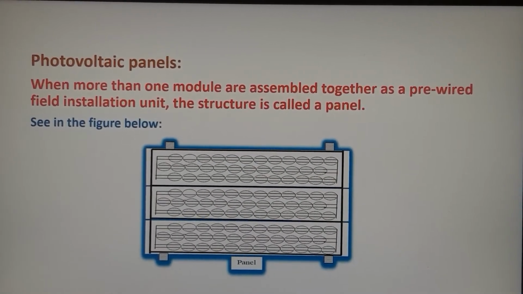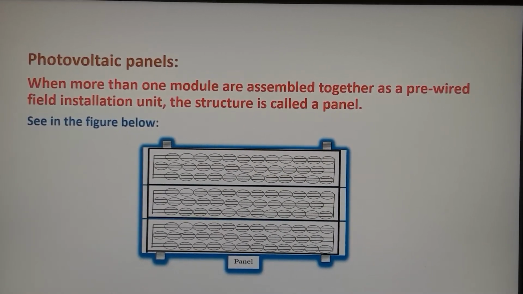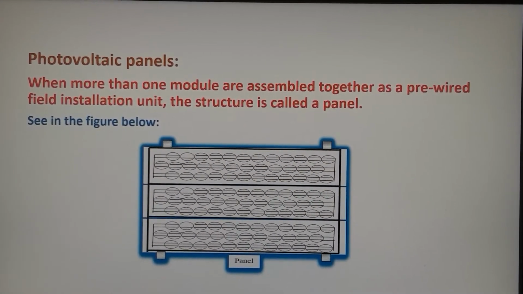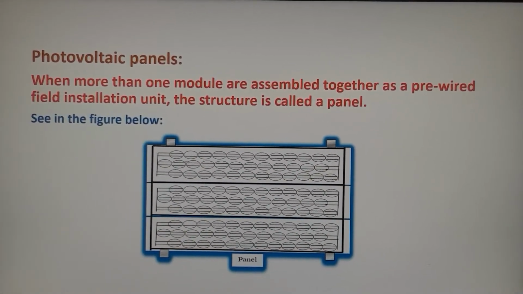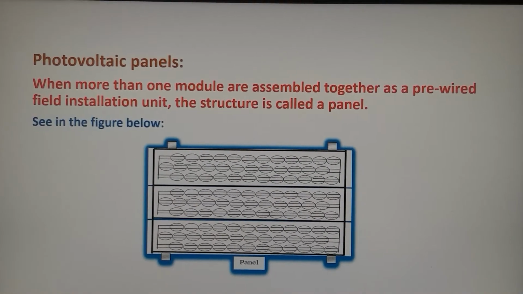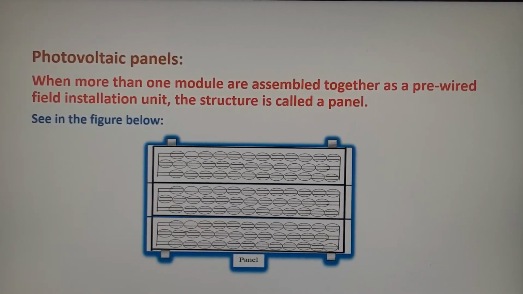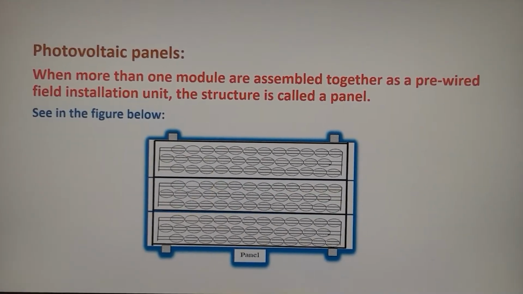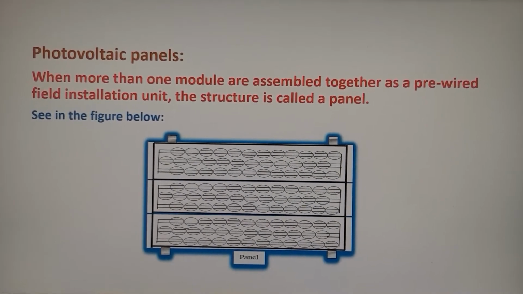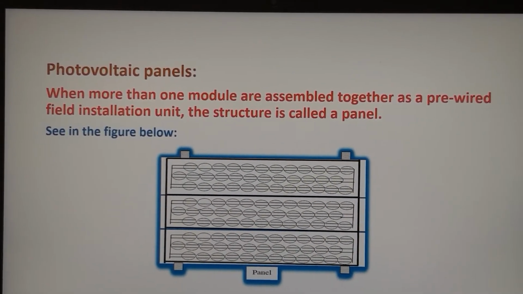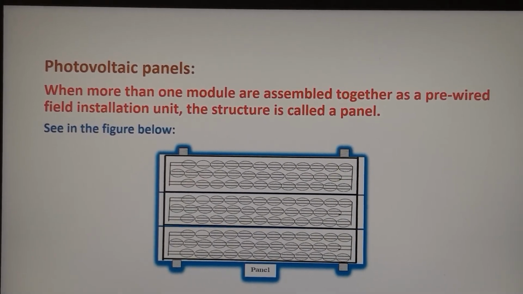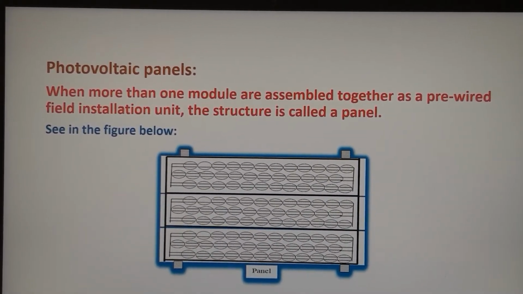What are panels? When more than one module are assembled together on a single structure as a pre-wired field installation unit, then the whole structure is called a panel. Here it is shown many modules mounted on one single structure. So it forms a panel.